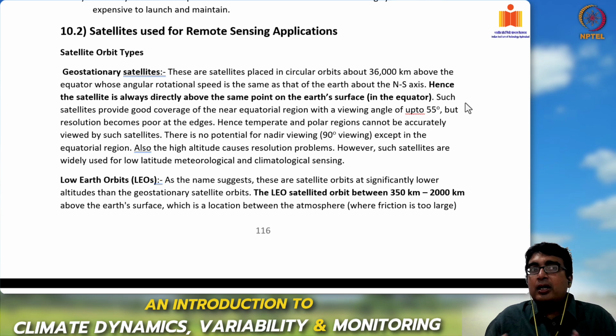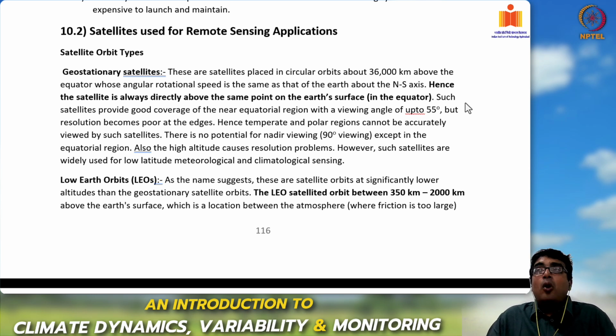Because these satellites are fixed above a certain equatorial point, apart from that point there is no option of nadir viewing in any other location. This can be partly alleviated through the use of mirrors, which we will see, but this is also a significant disadvantage: you cannot have a good nadir viewing satellite at whichever position you choose.